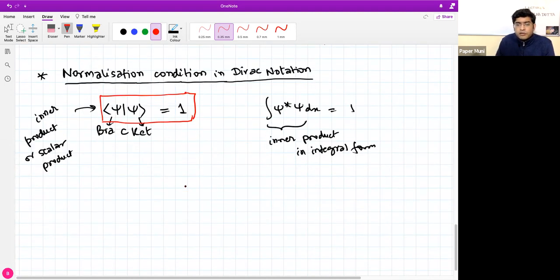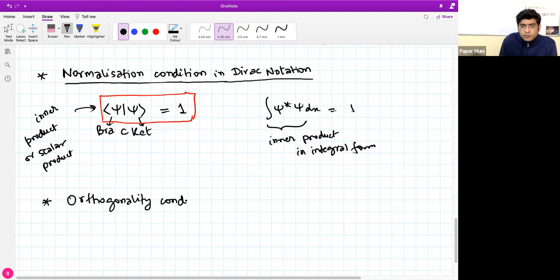All right. Now the orthogonality condition in Dirac notation.